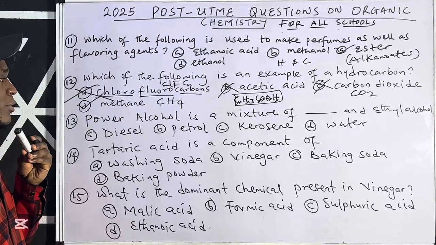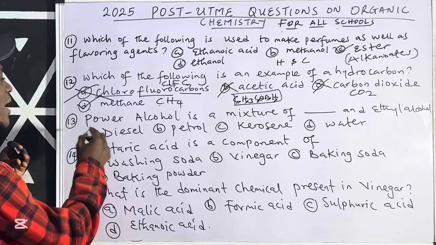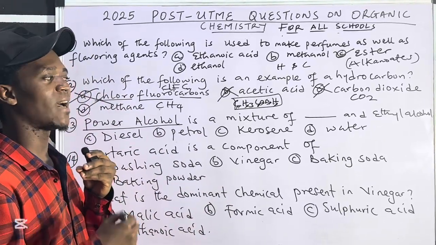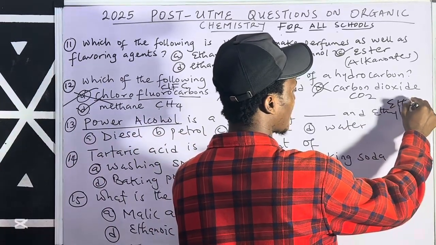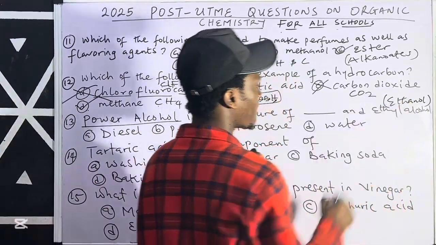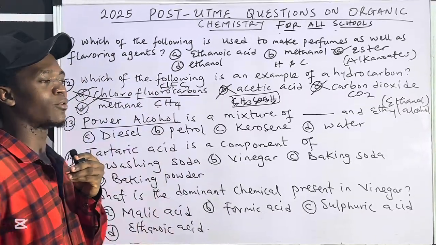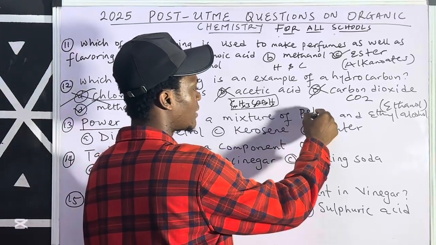Power alcohol is a mixture of dash and ethyl alcohol. Don't forget, ethyl alcohol is also called what? Ethanol. Remember. So a mixture of ethanol and what would give power alcohol? Now it's a mixture of ethanol and petrol.